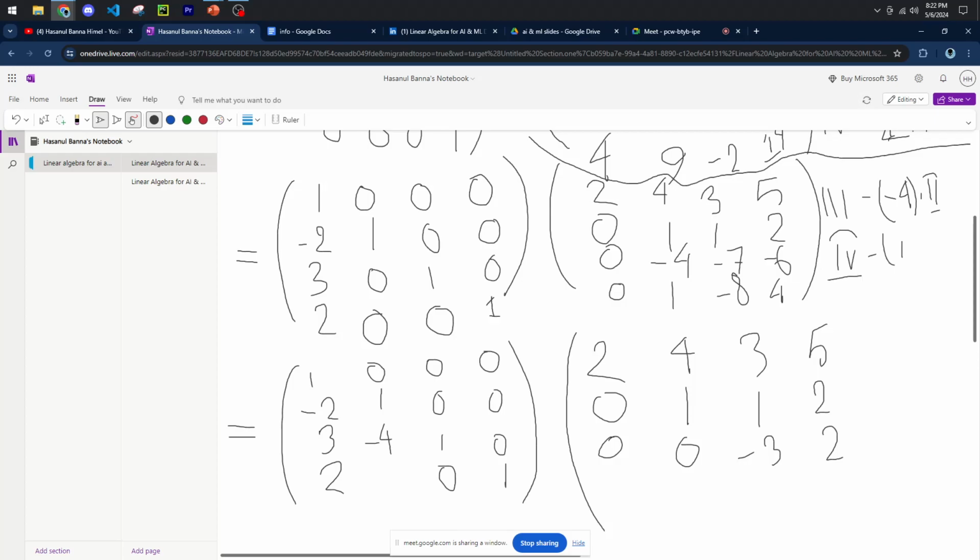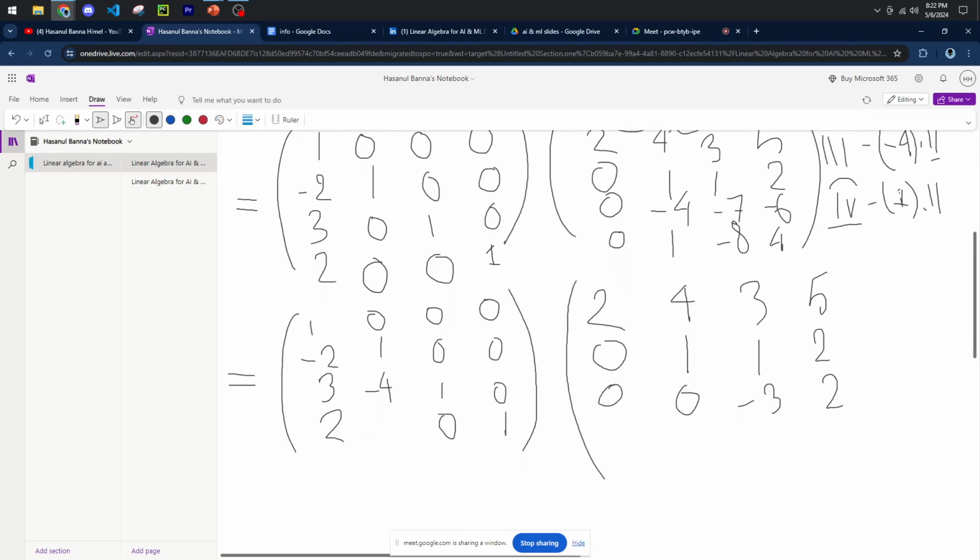Now while we do this, we got our last value. This will be given here, and after the calculation we will get 0 0 -9 and 2.